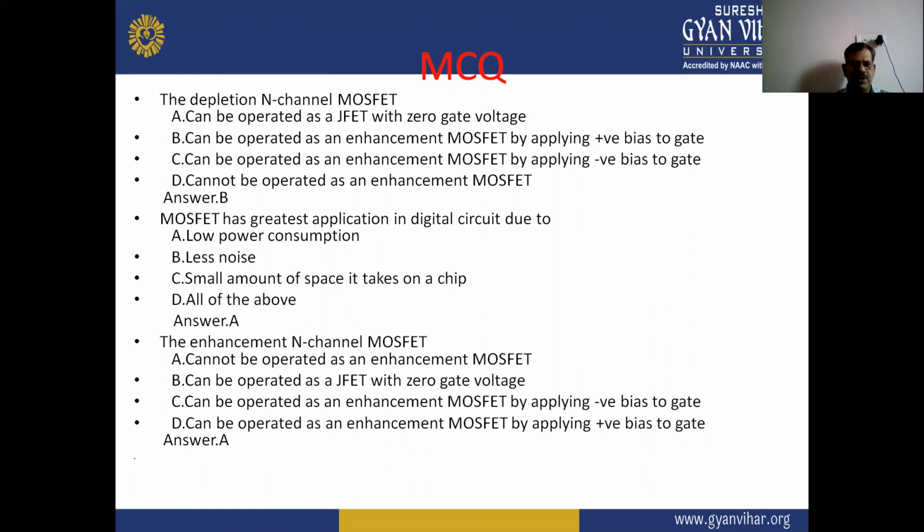Option B, can be operated as a JFET with zero gate voltage. Option C, can be operated as an enhancement MOSFET by applying negative bias to gate, and can be operated as an enhancement MOSFET by applying positive bias to gate. So here the correct option is A, that is, the enhancement n-channel MOSFET cannot be operated as a depletion MOSFET.